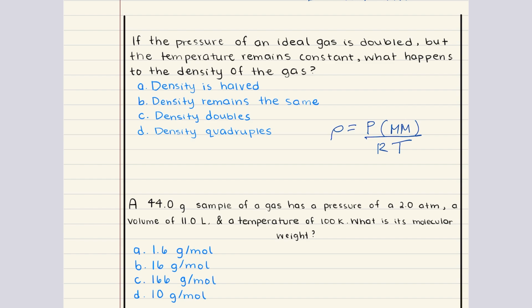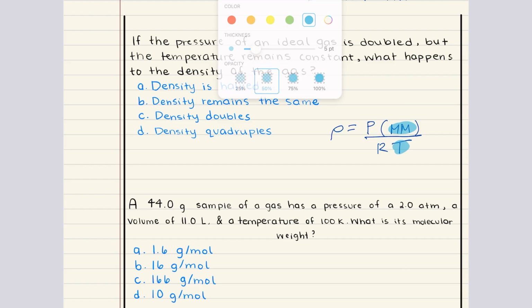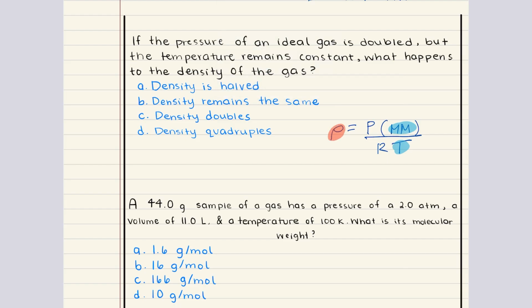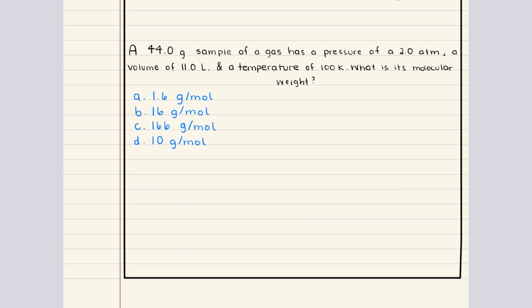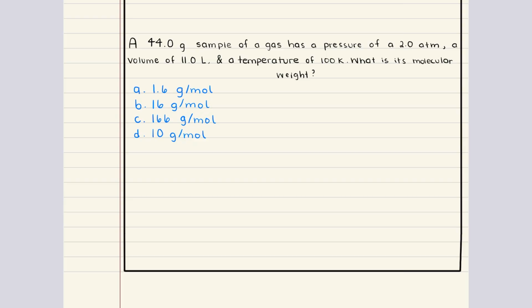Since temperature and molar mass remain constant, we see that density is directly proportional to the pressure. So if the pressure is doubled, the density also doubles, which makes the correct answer for this problem C. And now we can move into our last and final problem for this section.